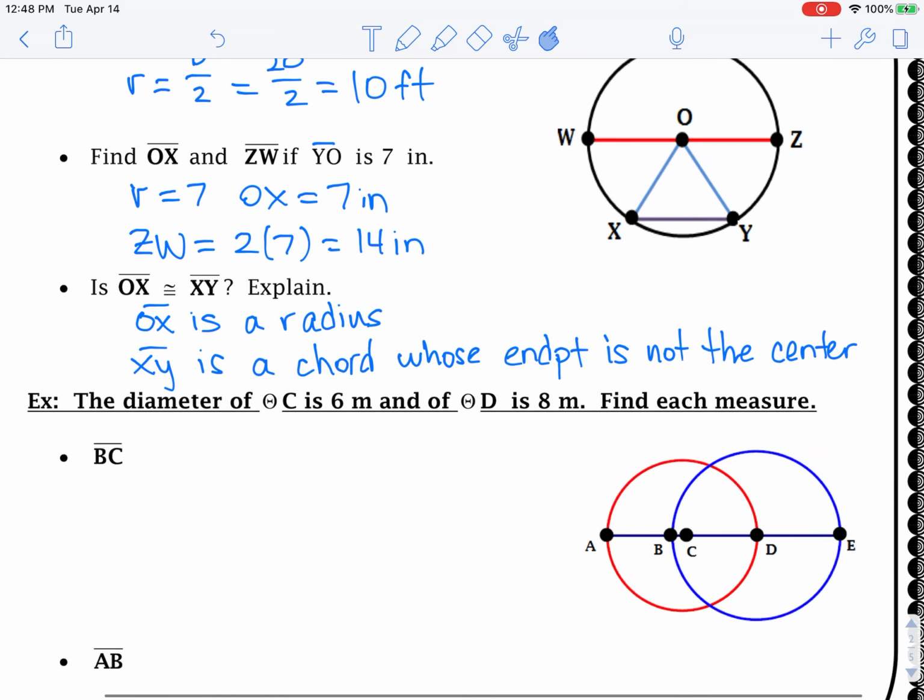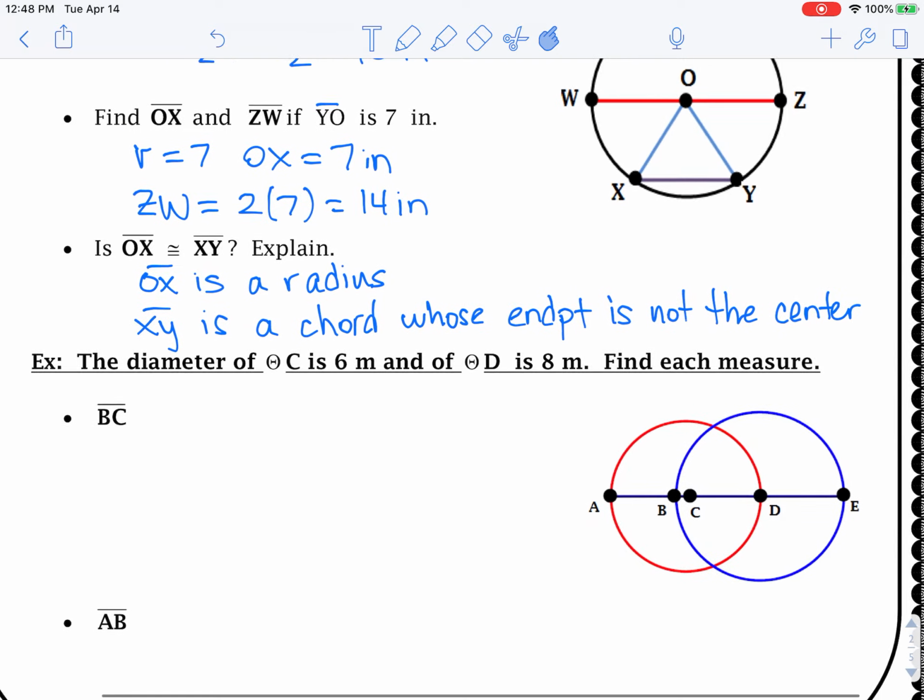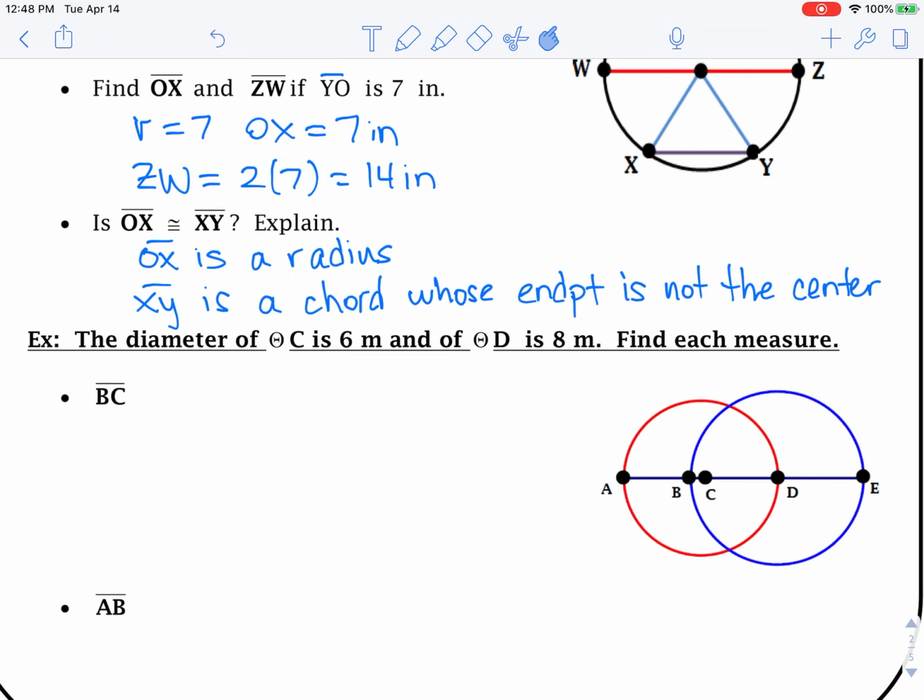So no, they would not be congruent based on this diagram, or we don't have enough information.